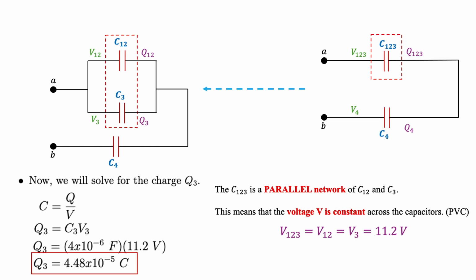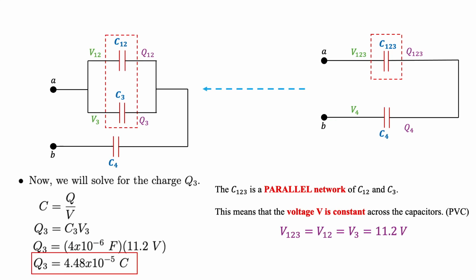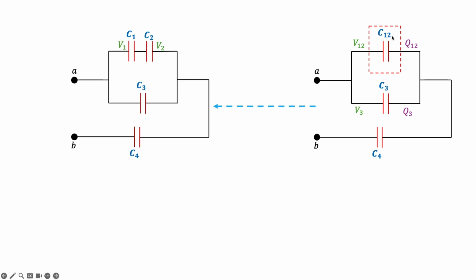And further, working backwards, previously we dealt with C123, and we broke that one into C12 and C3. So now we will be breaking further apart your C12 and realize that C12 is simply a series network of two capacitors, which are C1 and C2.